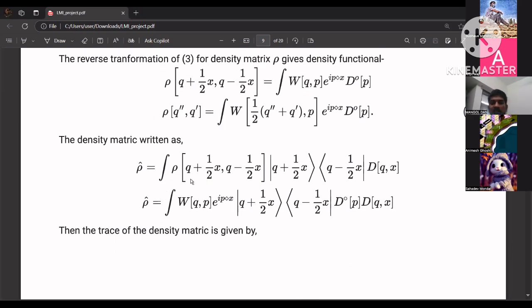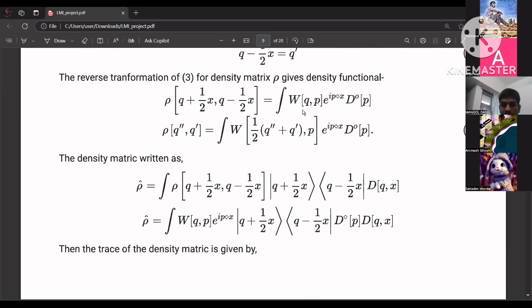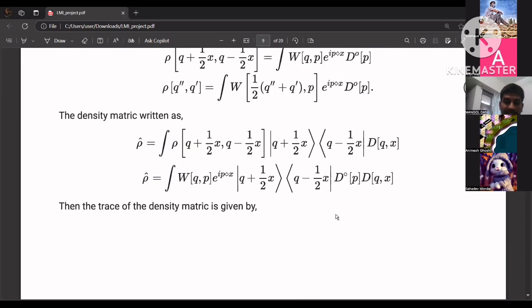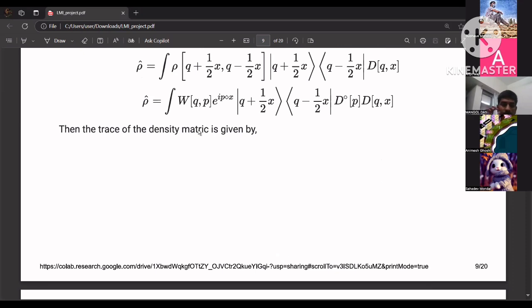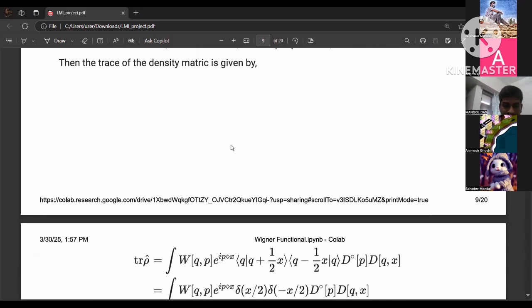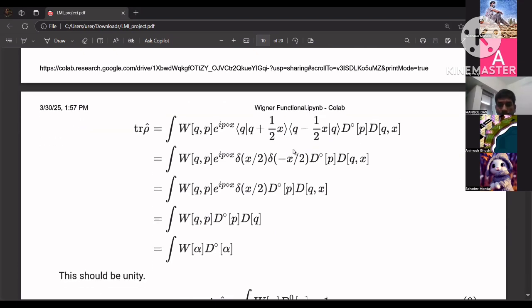And the density matrix is given by the sum over all components, and if we put in this rho from this equation, this is the form of the density matrix. We have to check that for a pure state the trace of the density matrix should be one. So let's check it. If we find the trace of the density matrix, sandwiched between Q and Q, then this inner product is x by 2, and this inner product is x by 2.